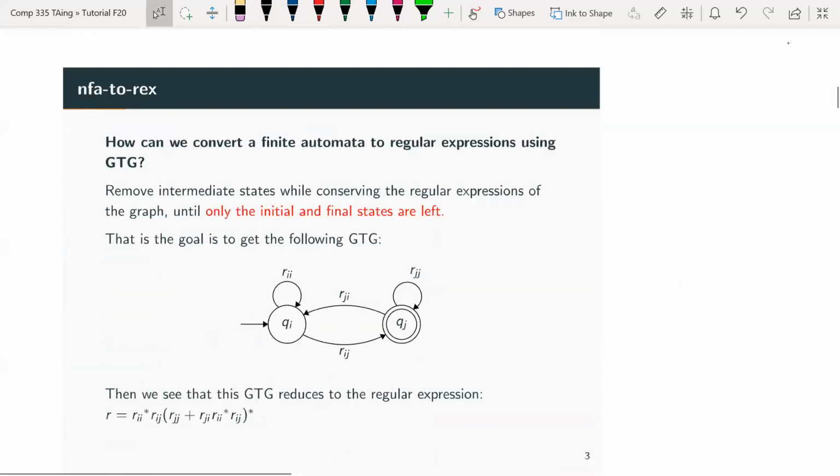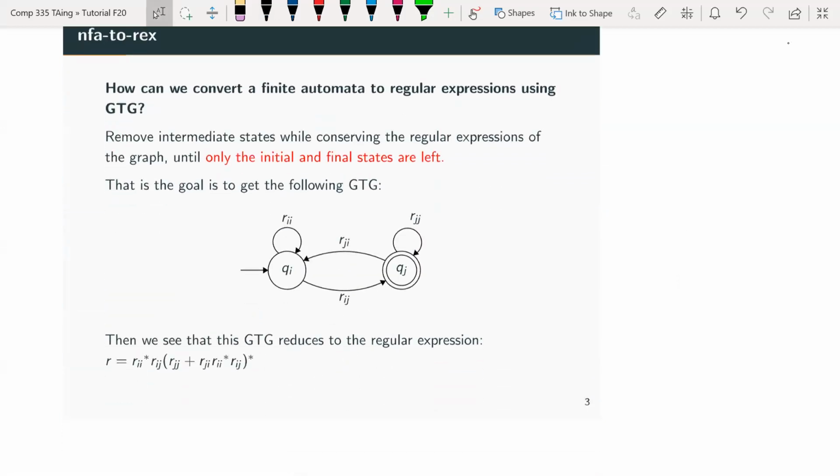Okay, so the first thing that you need to know when you're trying to convert an FA, here we wrote NFA, but it could have just as easily been a DFA, because as you know, a DFA is also a form of NFA.